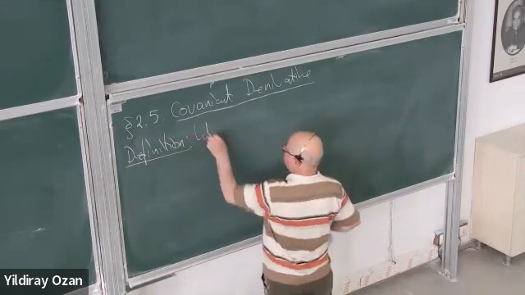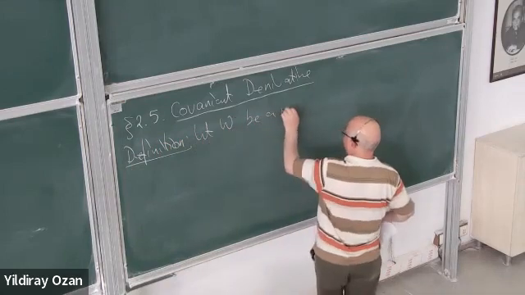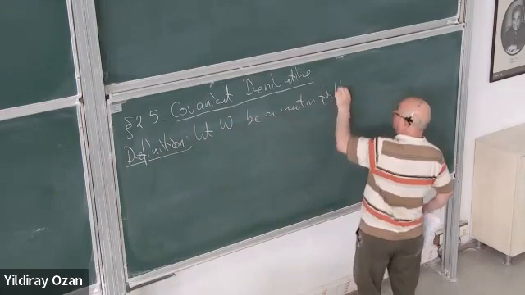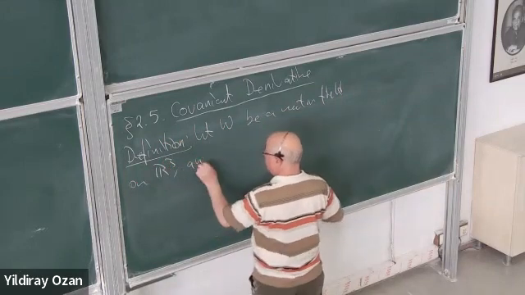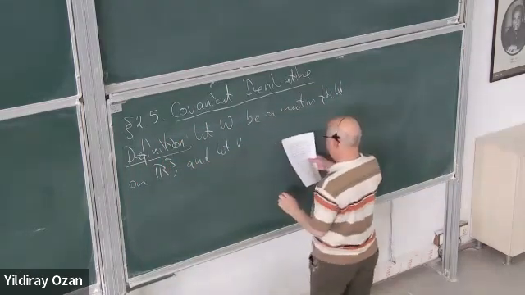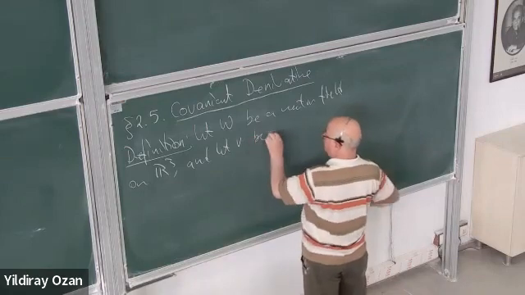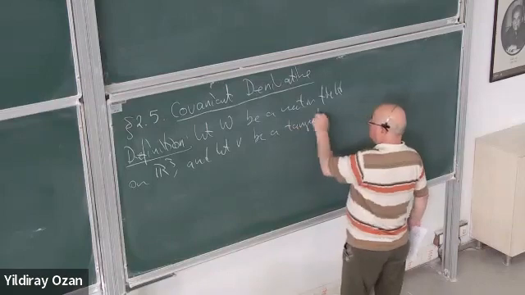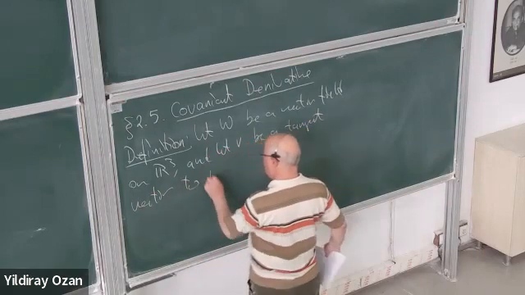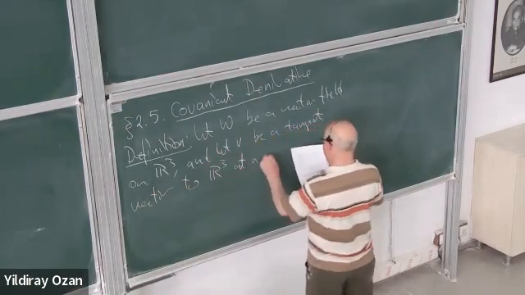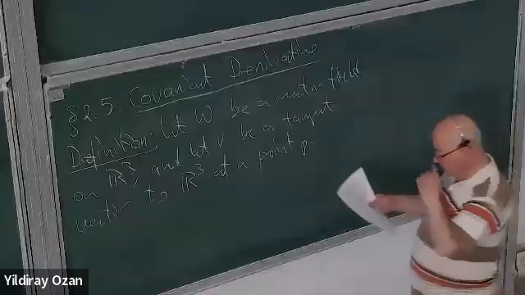Okay, let W be a vector field on R3, and let V be a tangent vector to R3 at a point P. Okay, this is a vector field. V is a single vector at a point.